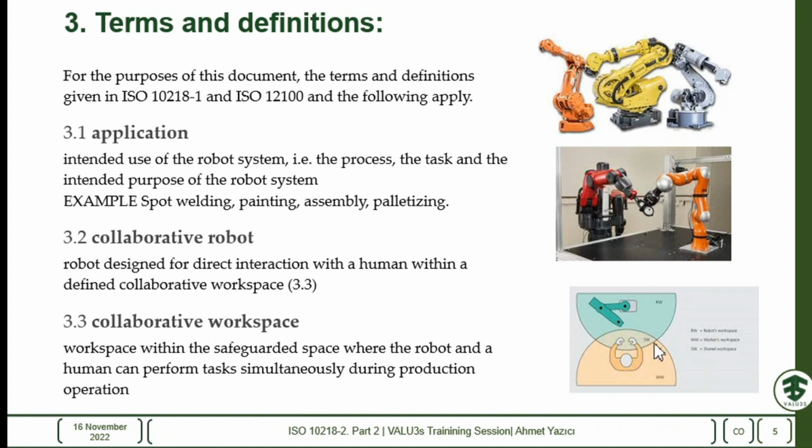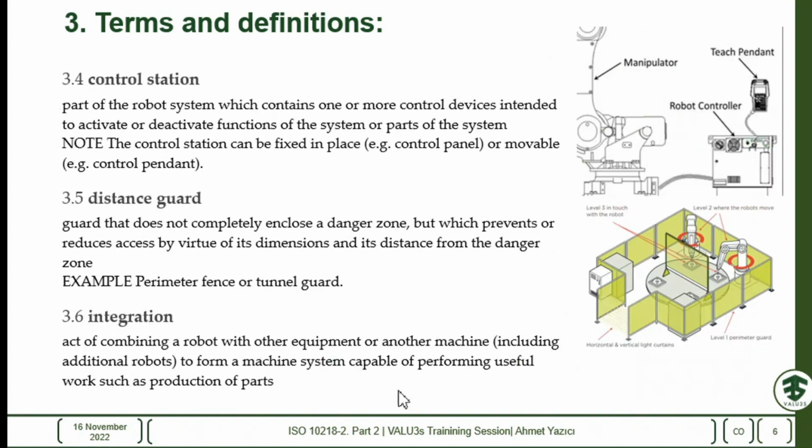Actually, this is not cooperation or coexistence; these are the collaborative issues. The control station is the basic unit that controls the industrial robot system. Also, there are some other platforms that integrate the robot. Actually, there's the distance guard there.